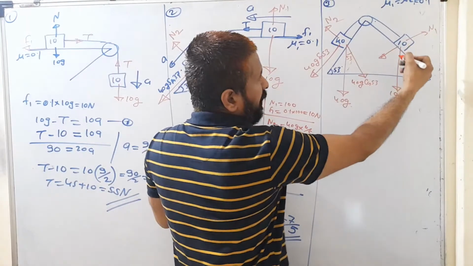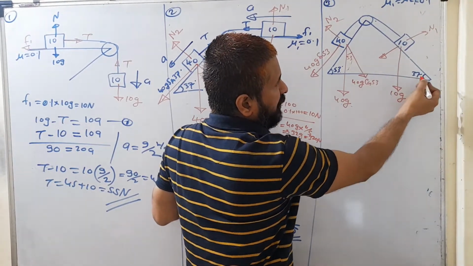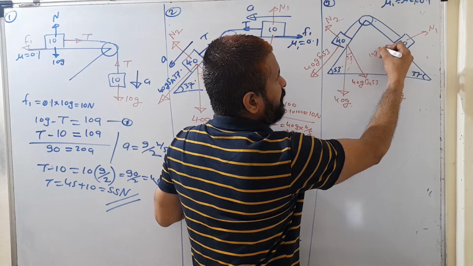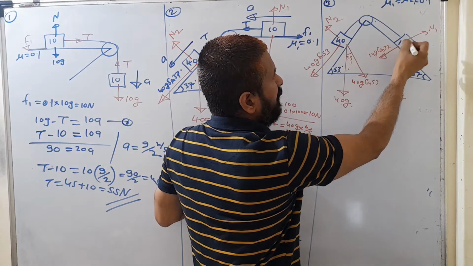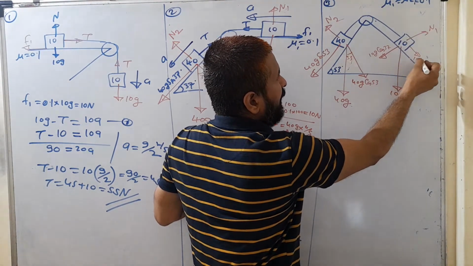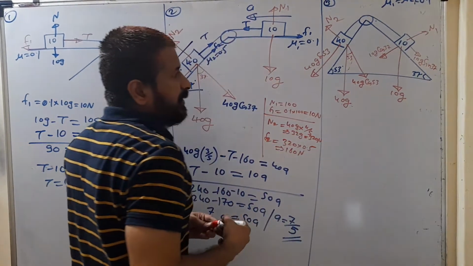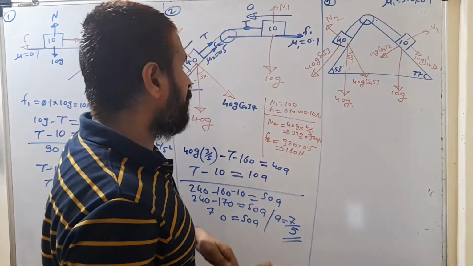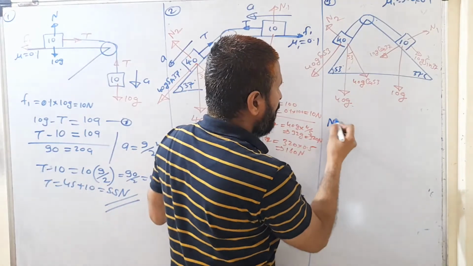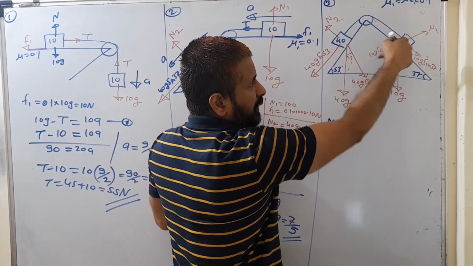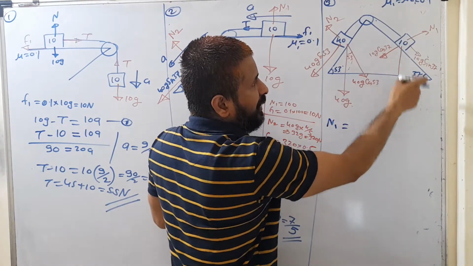In the same way for N1, if you are resolving this 10g, the angle here is 37. So how much component will come here? 10g cos 37, and in this direction it is 10g sin 37. These are the components. So the normal reaction N1 is the vertical component, the component of this 10g against normal.